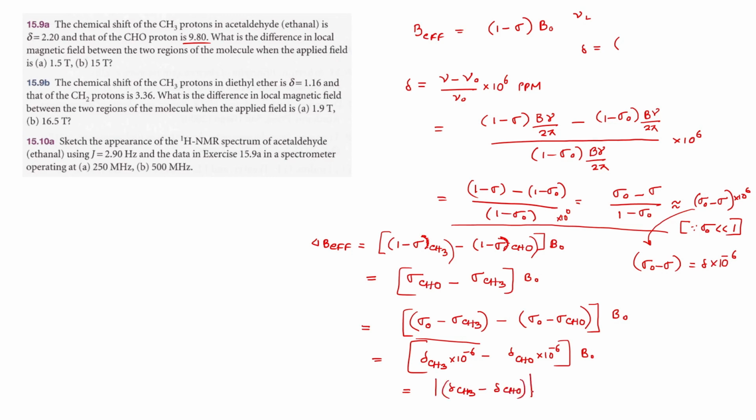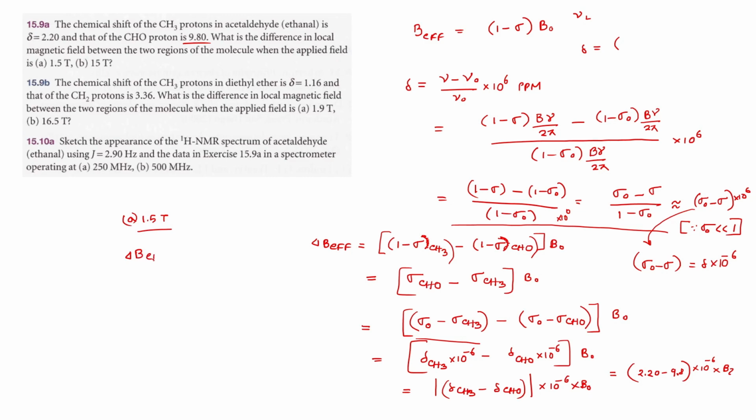We'll take the modulus of that into V naught, or else the minus value won't matter actually. So it is 2.20 minus 9.8 into 10 to the power minus 6 and into B. Bz value for first is 1.5 Tesla, so we'll write it like that.